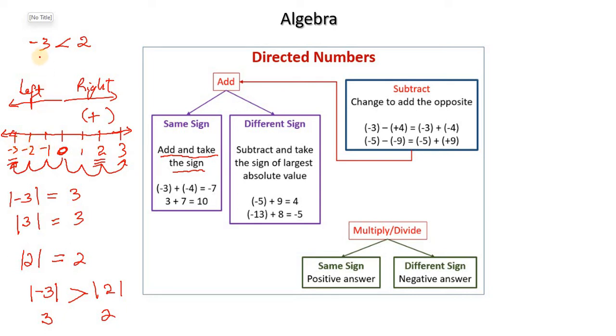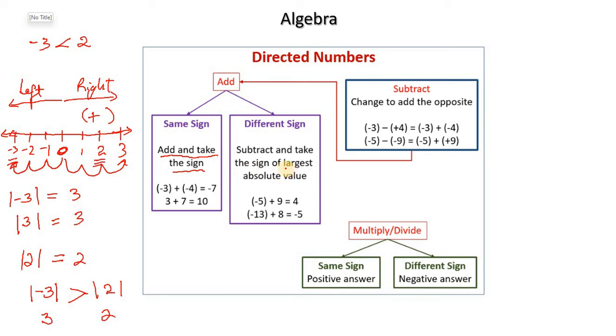Therefore, -3 is less than 2. However, when we talk about the absolute value, it is more, because it's basically how far it is away from the origin. So 2 is closer to 0 than -3. In other words, -3 has a larger absolute value.